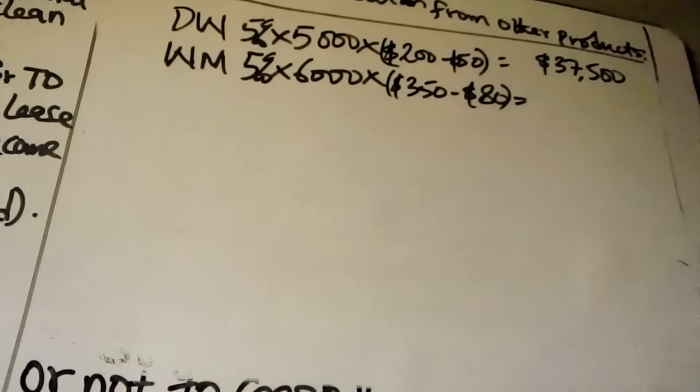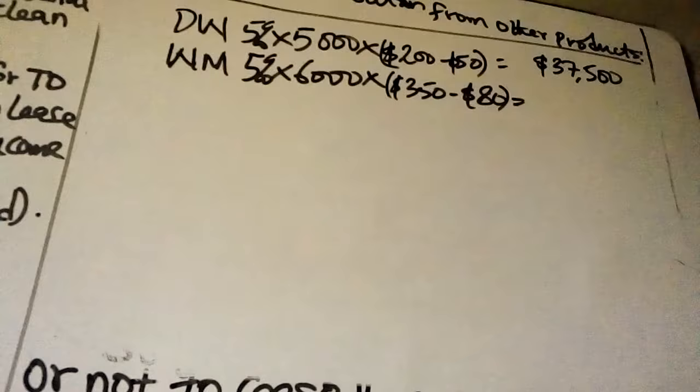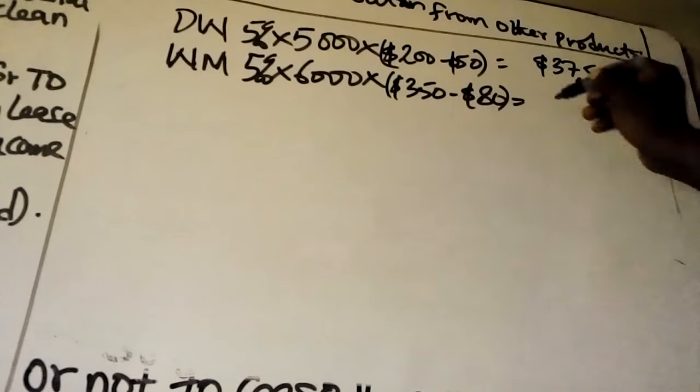Then WM: 350 minus 80 will give us 270. 5% of 6,000 will give us 300. 300 times 270 gives us 81,000.